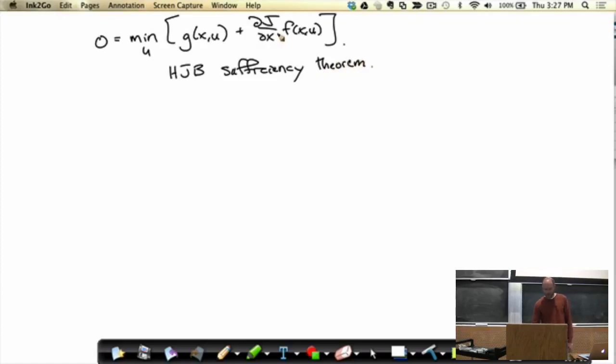And it requires things like J, the derivative, to exist everywhere. There's a few other assumptions which I list carefully in the notes about continuity of solutions and things like this. You can't have some of the most bizarre things that nonlinear systems can do, but for well-behaved nonlinear systems, if I can find a J which satisfies this equation, this is a sufficient condition for optimality.